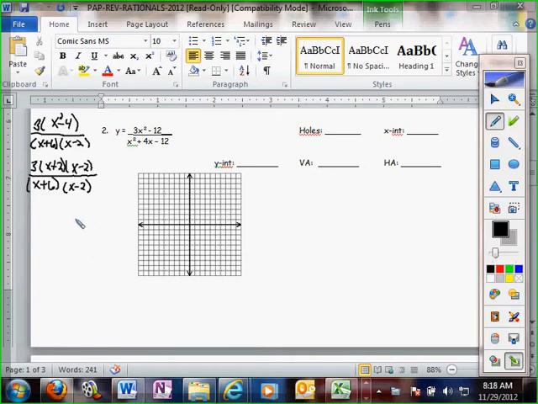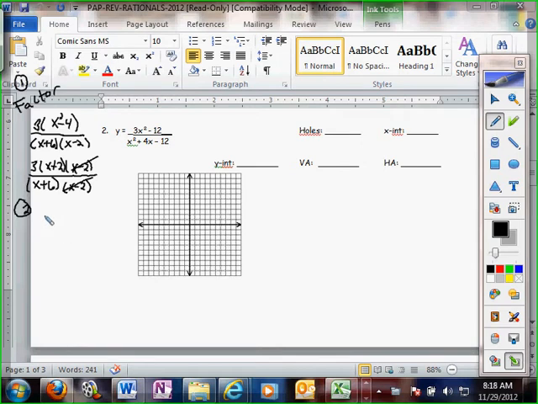The next thing, step 1, factor. The next thing we're talking about is if it has factors that cancel, and this does. The x minus 2 factors cancel out. And so my next step says that if something cancels, I have holes. Okay?